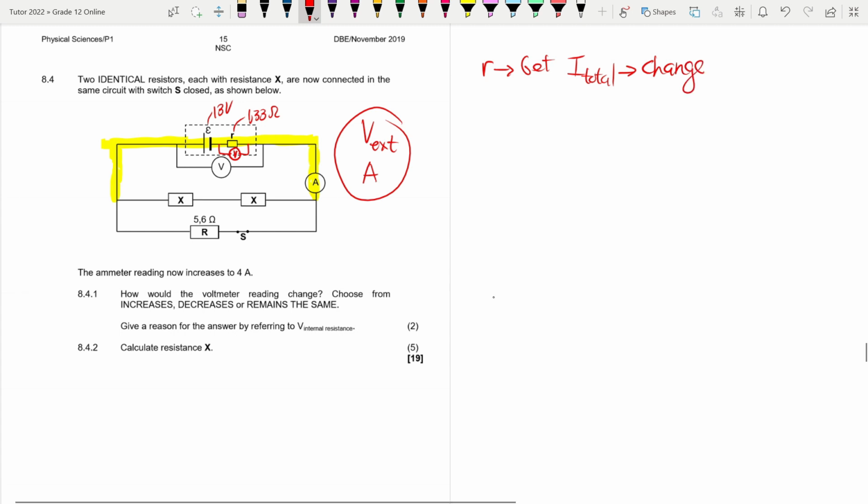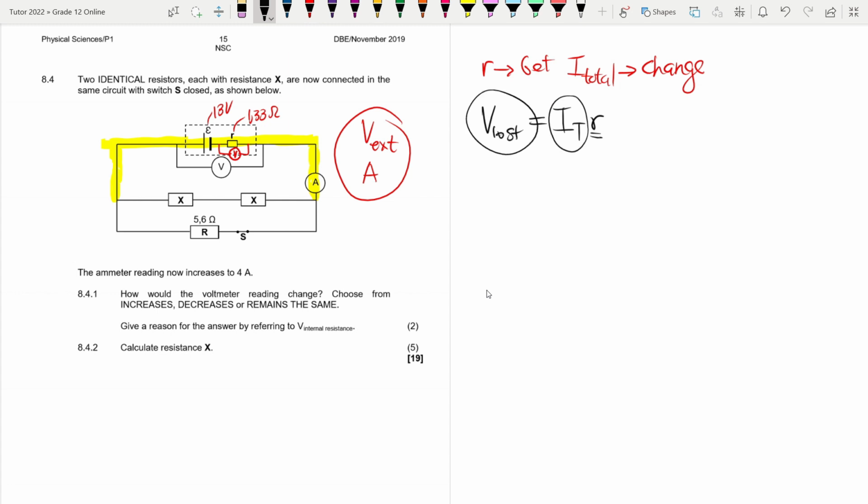When it changes, it means that V lost, which is I total times internal resistance, when this one changes, this one is also changing, which means this one has to also change. So if this guy is constant, this guy is changing, this guy has to change as well.